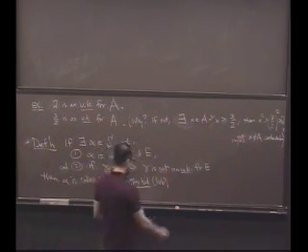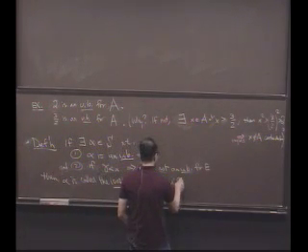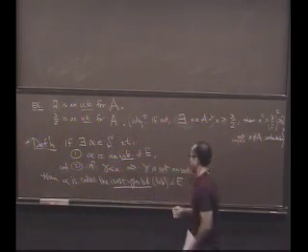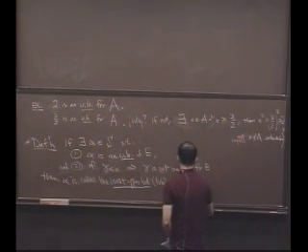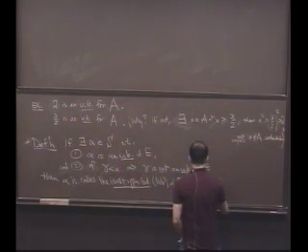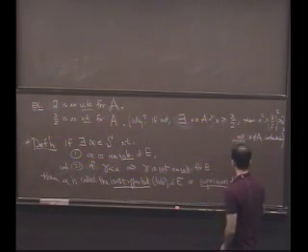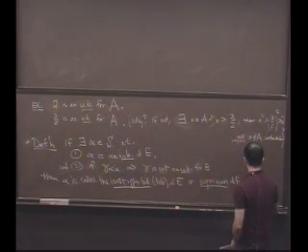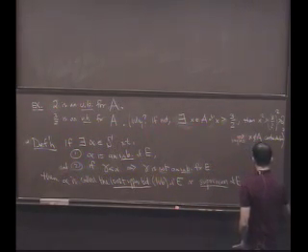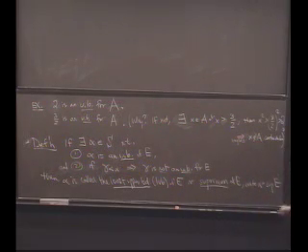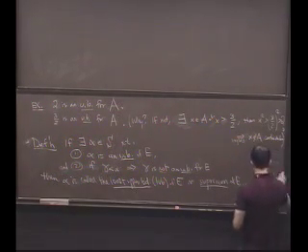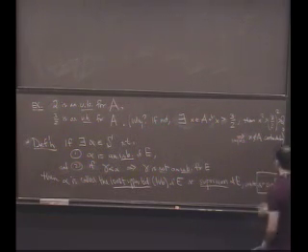That's the least upper bound of E. Actually, there's a name that's even more used than this, and that is, we sometimes call this the supremum of E. And we write alpha equals sup E. Okay, the supremum of E is the least upper bound of E.